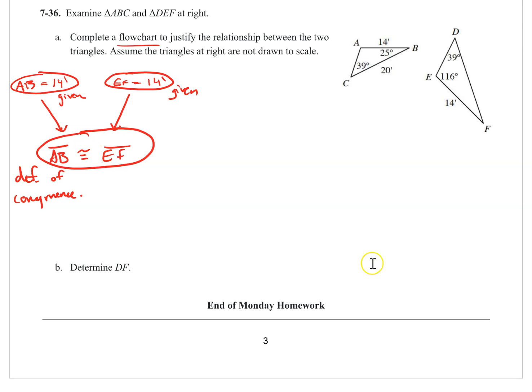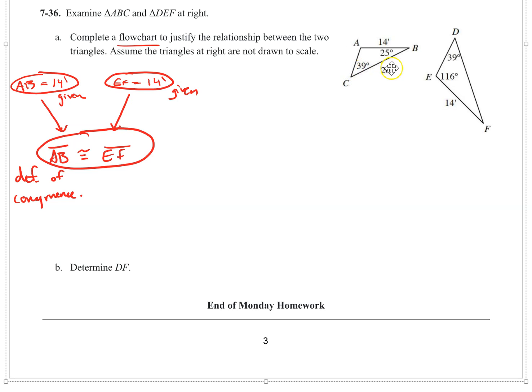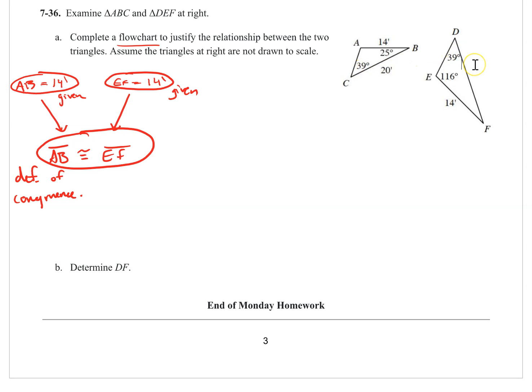Okay, next, we know that angle C and angle D have the same measure. That's given. So we have measure of angle C equals 39 degrees. And the measure of angle D is 39 degrees.